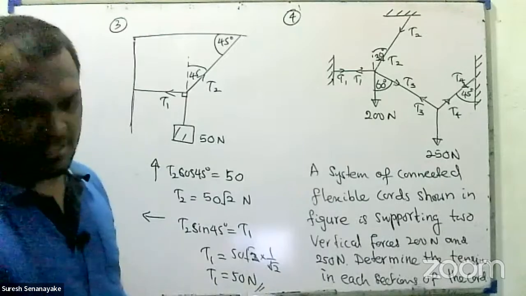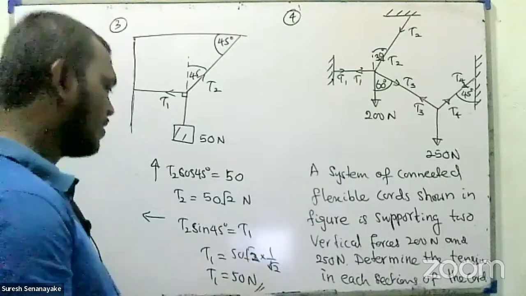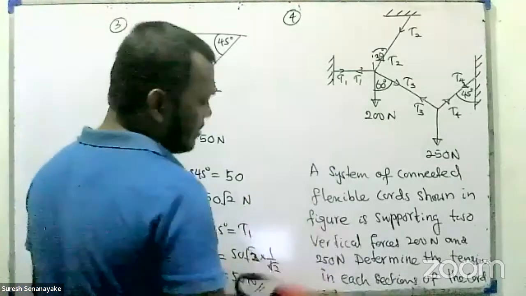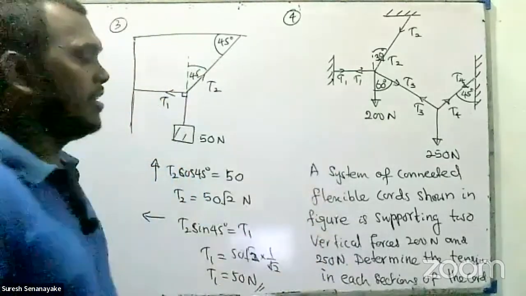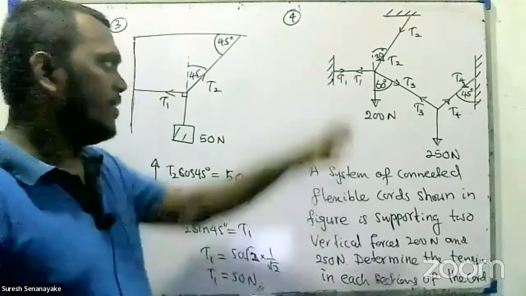It's not difficult. Everything is given in the figure, then you can find this T1, T2.